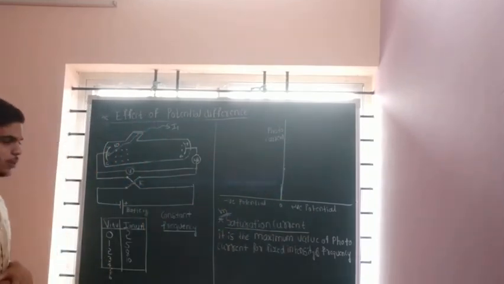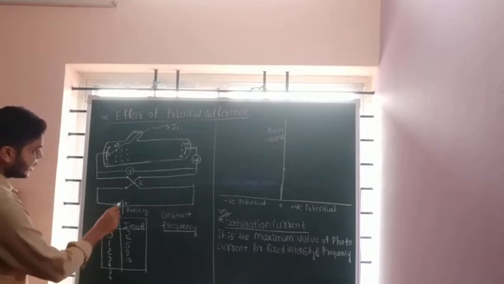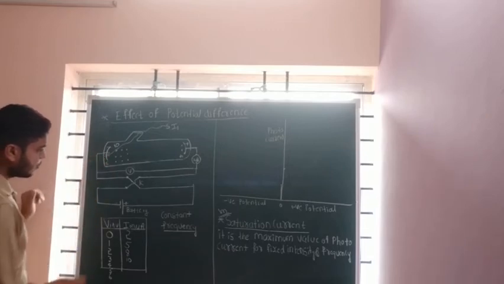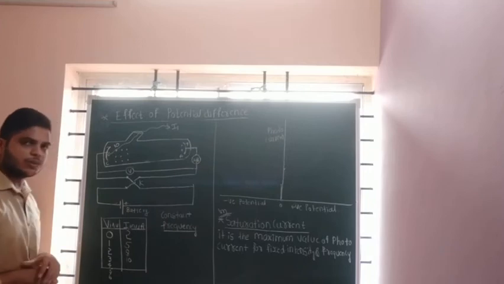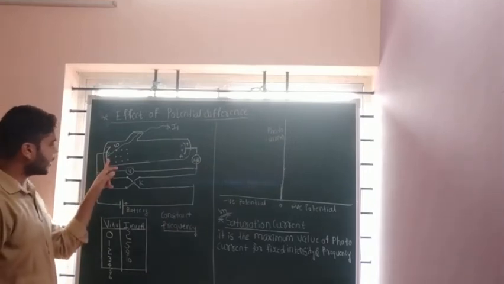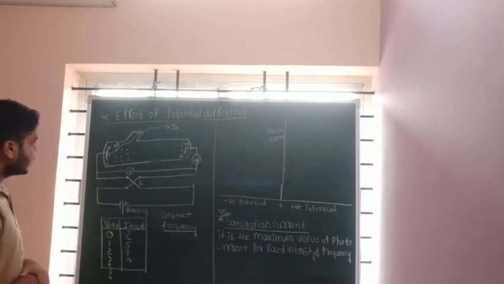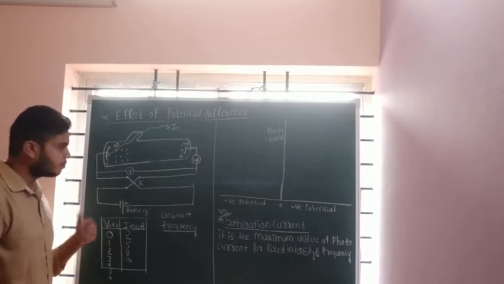Next, what will I do? I will switch on the battery. Now, the negative terminal of the battery is connected to the emitter and the positive terminal is connected to the collector. Therefore, the emitter becomes negative and the collector becomes positive. Now I increase the voltage to 1 volt.